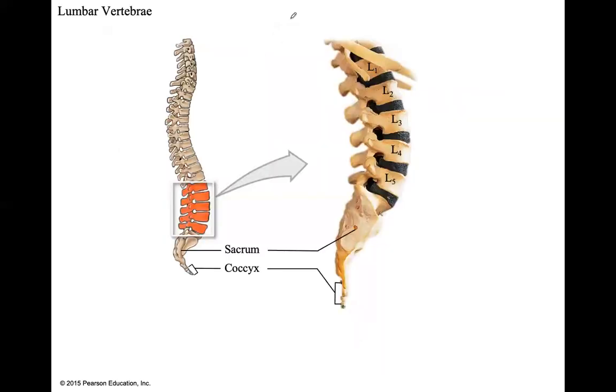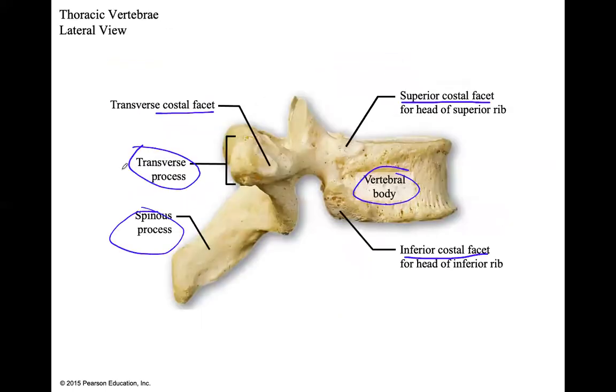And one of the unique features, let's see if I can show it to you here. We know that the cervical vertebrae have bifid spinous processes. The spinous processes of the thoracic angle down. If I can show you from here, see how the spinous looks like a nose, how it has this inferior angulation.